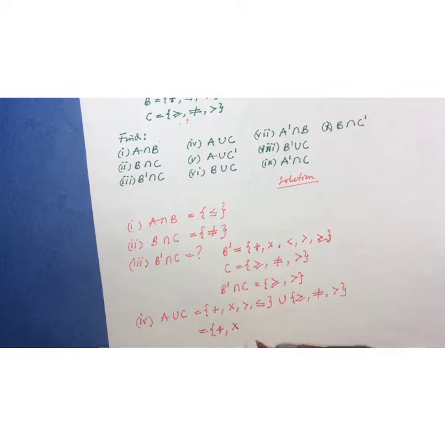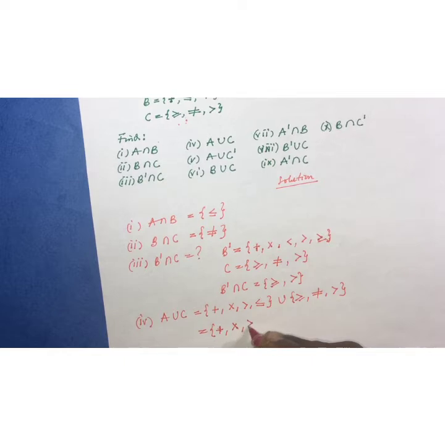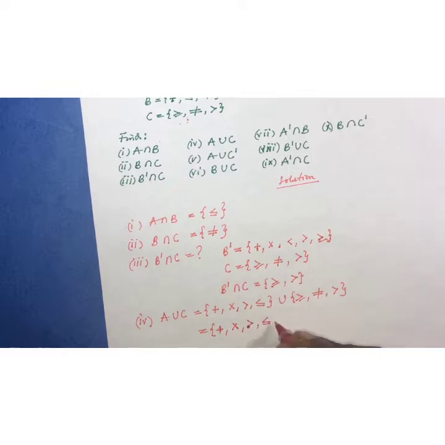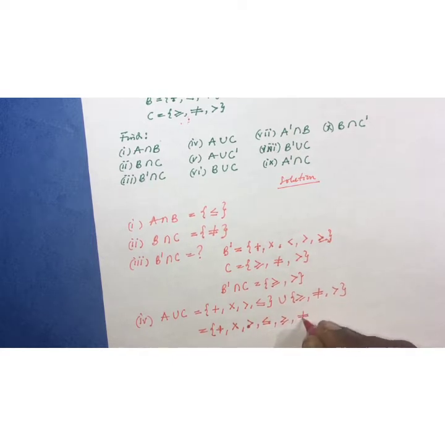Multiplication found only in A, I'm writing it out. Greater than found common to both of them, so I'm going to write it once. Less than or equal to found in only A, I'm going to write it out. Greater than or equal to found in only C, I'm going to write it out. Then the not equal to found in only C, I'm going to write it out.